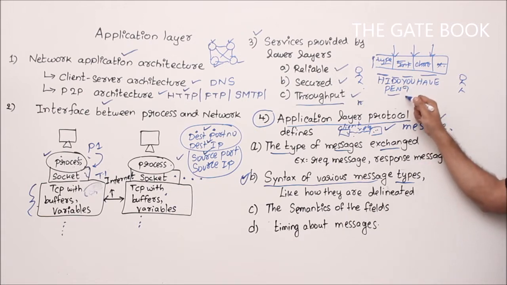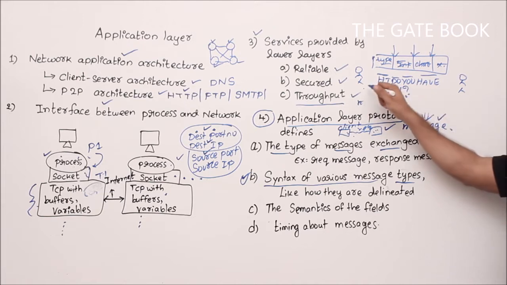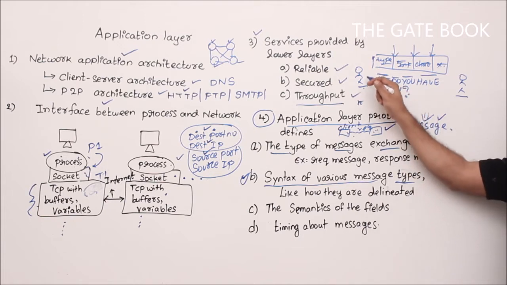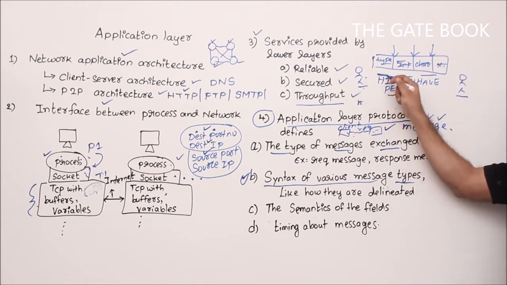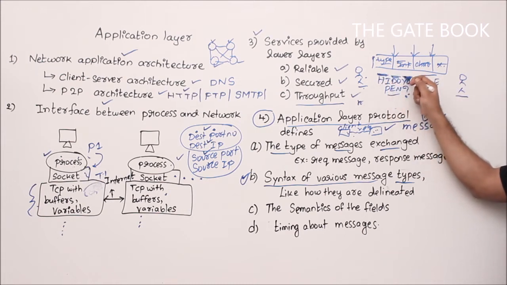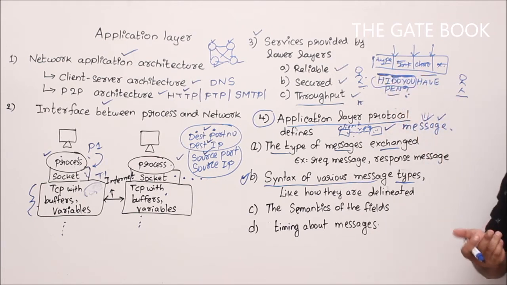If there is a question mark, how to interpret it? So these people should have a protocol, and especially it should be a common protocol. For example, let's say the sender is expecting the receiver to divide it like this only, but the receiver divides it into two parts: "hi, do you" one thing, "have pen" one thing. He might not understand it clearly, correct? So that's why sender and receiver should have the same agreement.